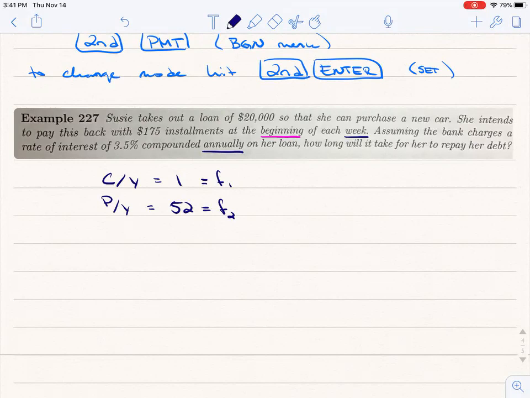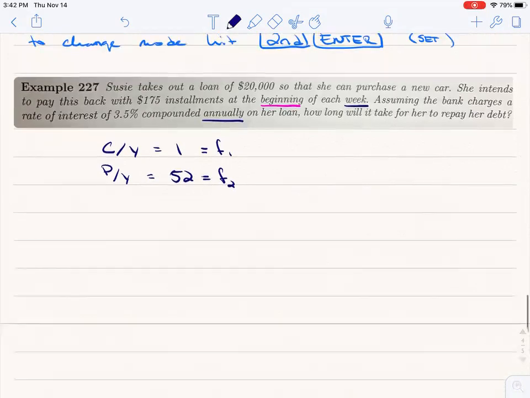Since my F1 and F2 are not the same, I have to find I2, which means I have to find I1 first. So I'm going to start by finding I1. You'll notice that I stopped writing since F1 does not equal F2. We have to find I2, right? I'm just assuming that we know that now.